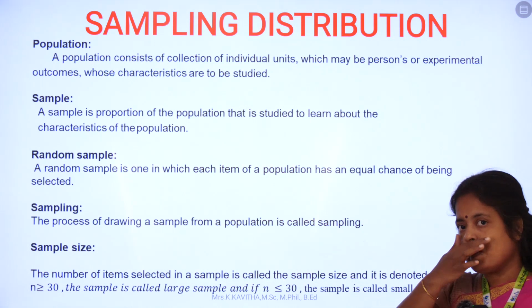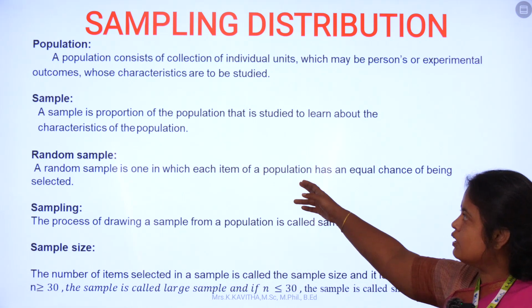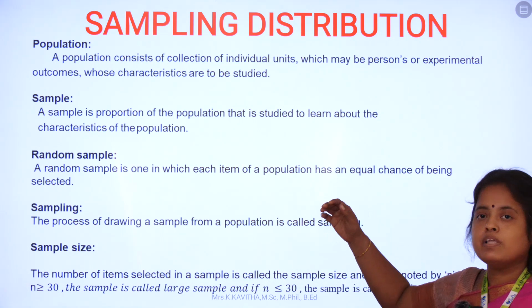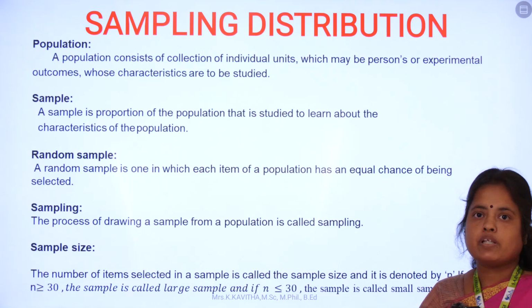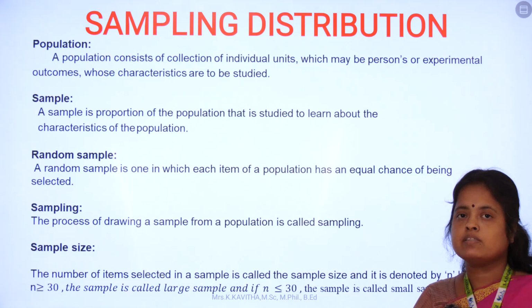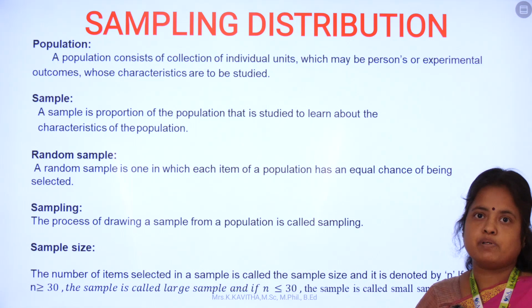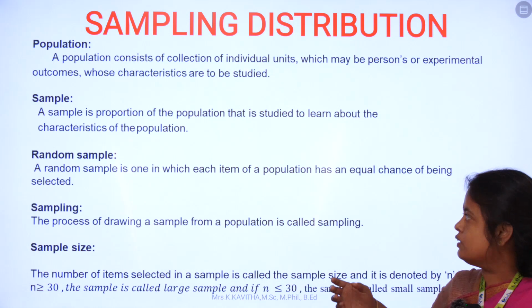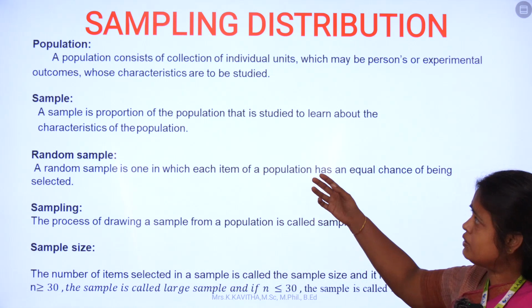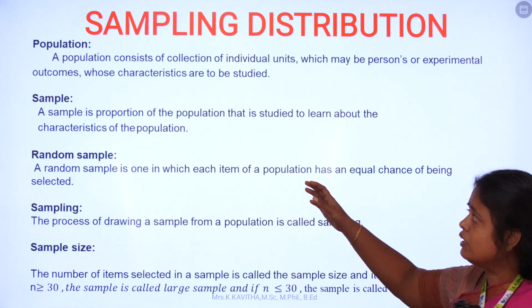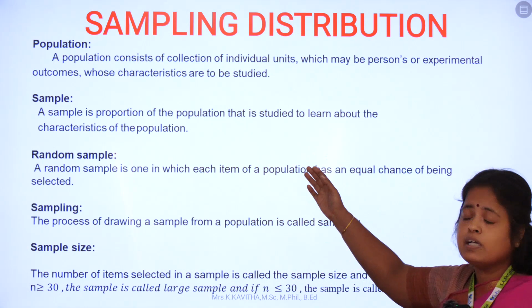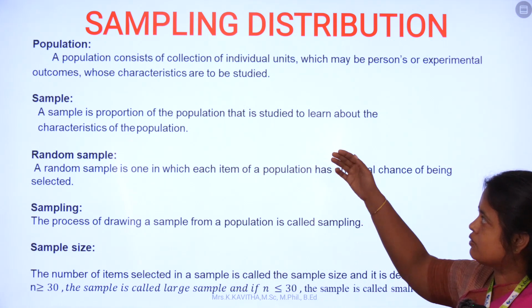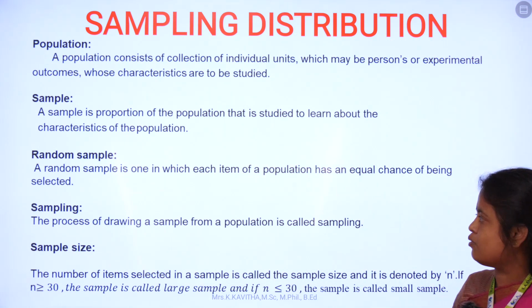For example, a company produces a large scale of electric bulbs per annum, and they have to increase the production for the upcoming years. They will test a sample for the lifetime of the electric bulbs. The production is the population, and the small amount taken for testing is the sample. That is the population and the sample.